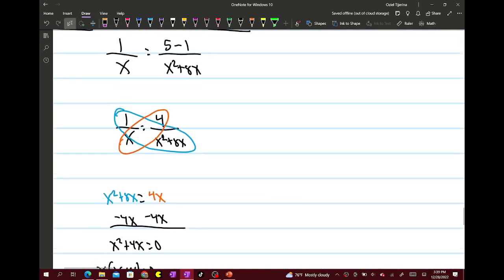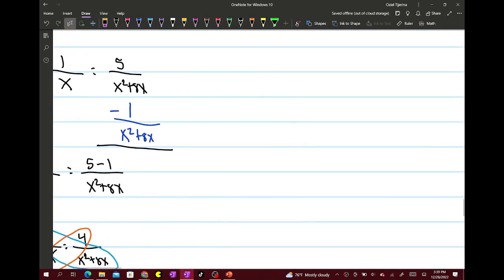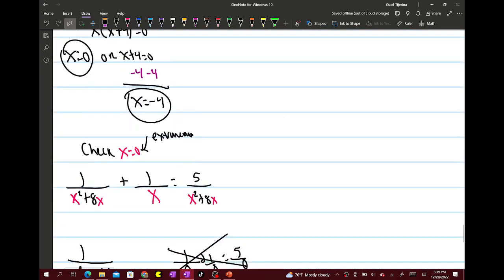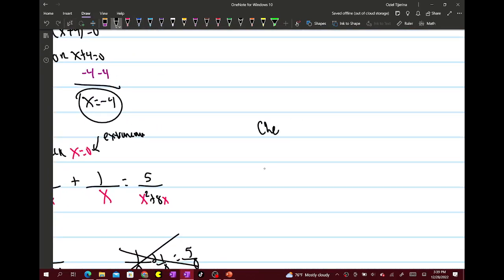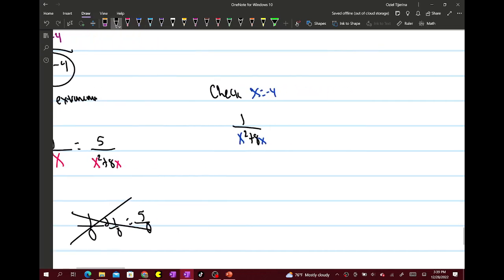Now, if we do negative 4, let's go ahead and rewrite it down. So if I check x equals negative 4, this will be 1 over x squared plus 8x, plus 1 over x is equal to 5 over x squared plus 8x, right?